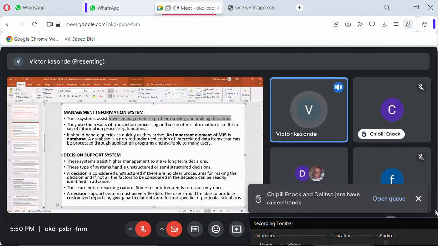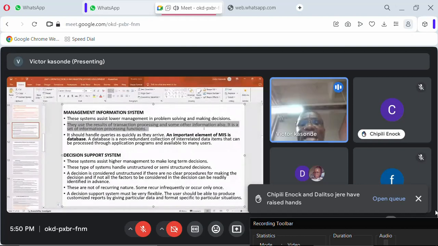The people who have registered are few. They will make a decision based on the numbers which they have got from the transactions. That's why we are saying they use the results and some other information. It is also a set of information processing tools. They make decisions based on what? They are using the same system.